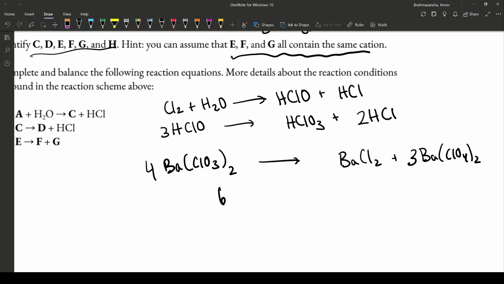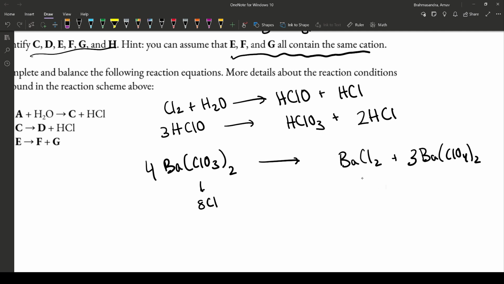Now you might say, let's go balance our other elements, but you'll see that this is already balanced. We have 4 bariums on the left, and 1 plus 3, so 4 bariums on the right. We have 8 chlorines on the left, and 2 chlorines plus 6 chlorines on the right, so 8 on both sides, and we've already balanced the oxygens.